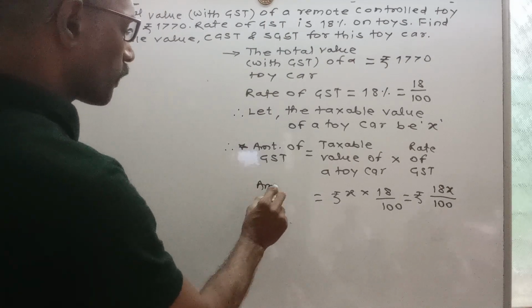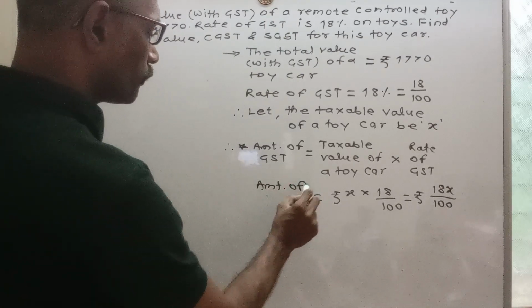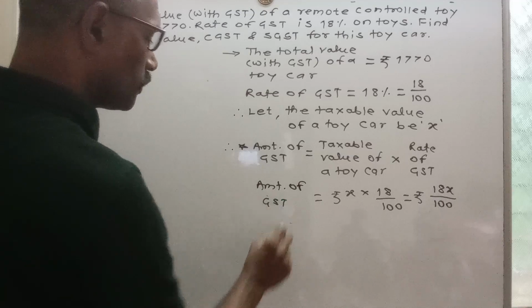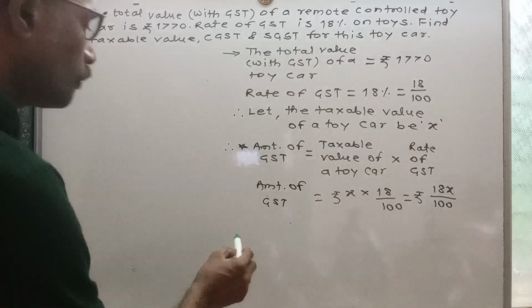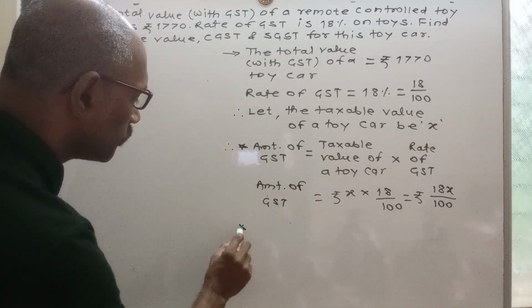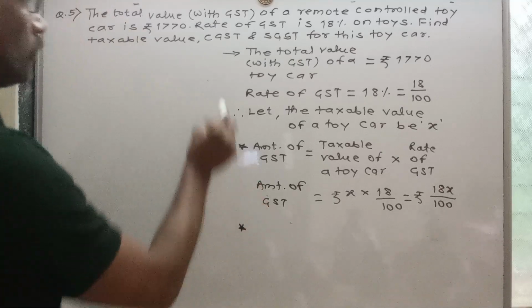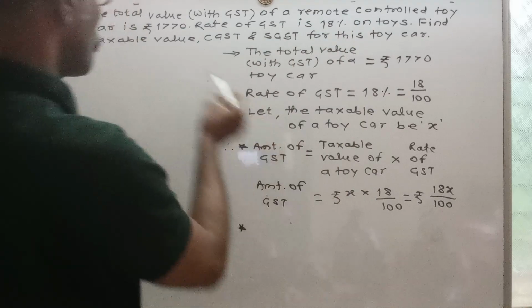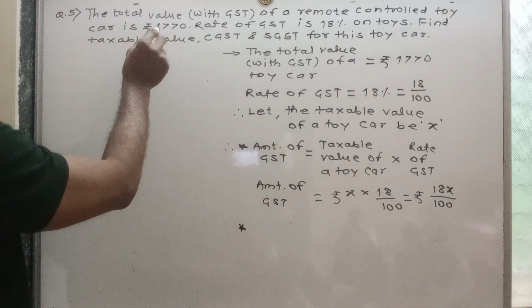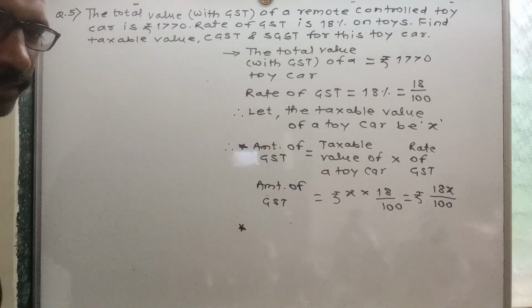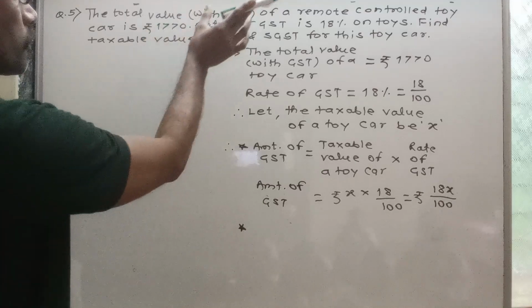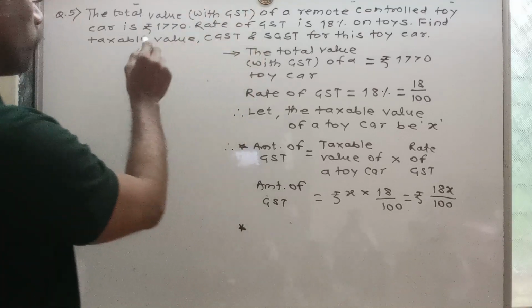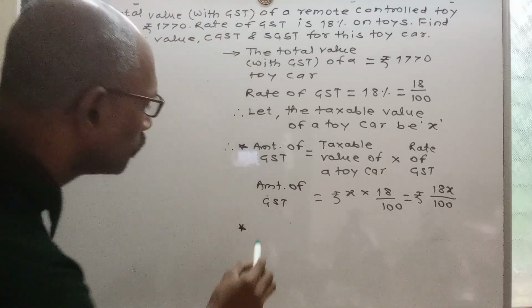This is the amount of GST. Okay. Now, see this carefully. This total value with GST of a remote control toy car is rupees 1770. Means this includes the amount of GST plus the taxable value.